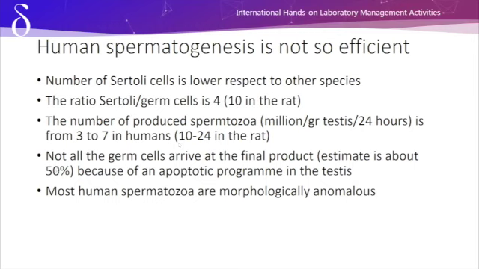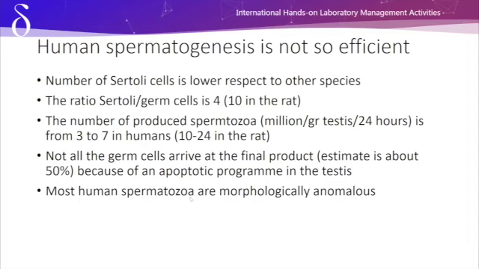Not all germ cells arrive at the final product, and it is estimated that it is about 50%, and this is because the apoptotic program in the testis is very efficient, not only because it's important to maintain the ratio Sertoli germ cell, but also to eliminate other cells that are not completely normal germ cells, that are defective in the spermatogenesis production.